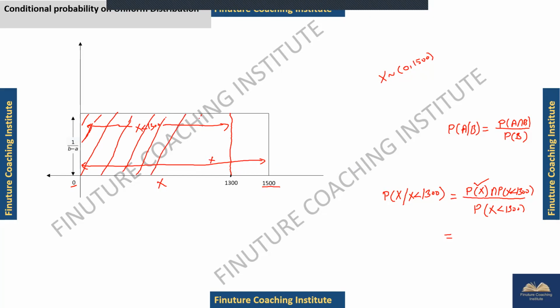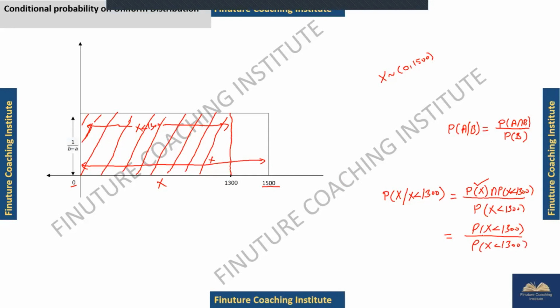In the numerator, we have to find the common area between all the X and X less than 1300. That is the same as the denominator, wherein we have to find the probability of X less than 1300. So the numerator will be the probability of X less than 1300, and the denominator also will be the probability of X less than 1300.